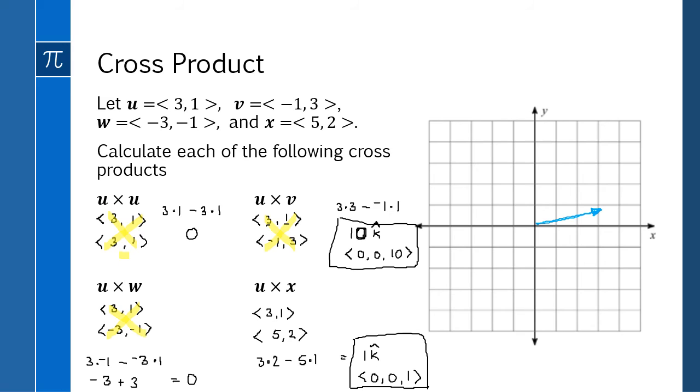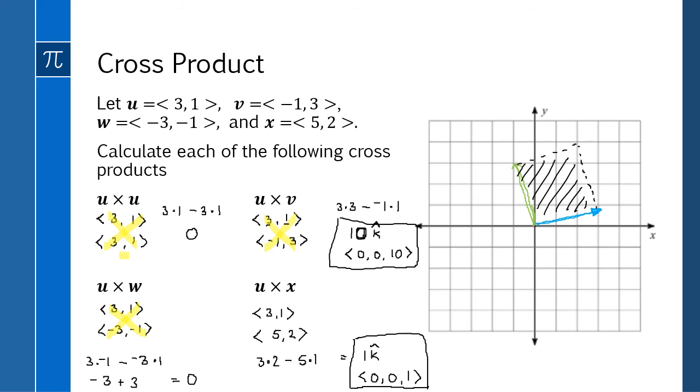If we do vector u cross vector v, however, vector u is there, vector v is negative 1, up 3, so that is here. That one would make a parallelogram. If I fill in the extra sides, it would look something like this, and this tells me that this parallelogram has an area of 10 units.